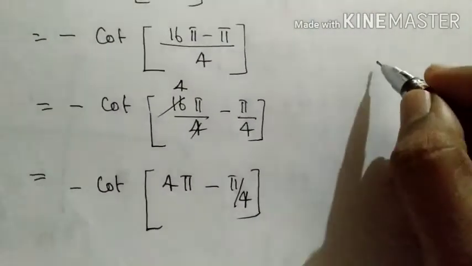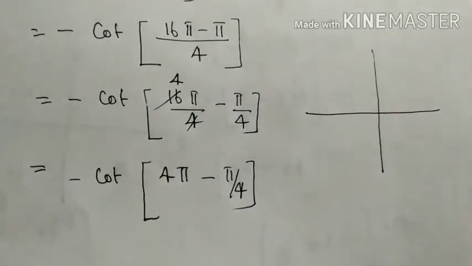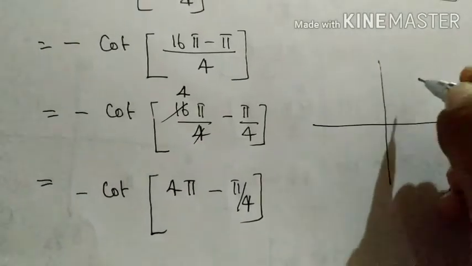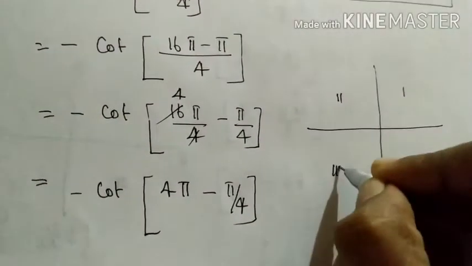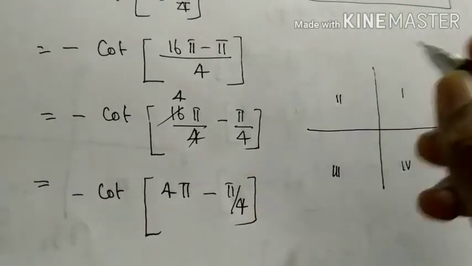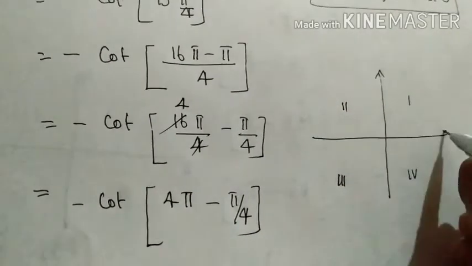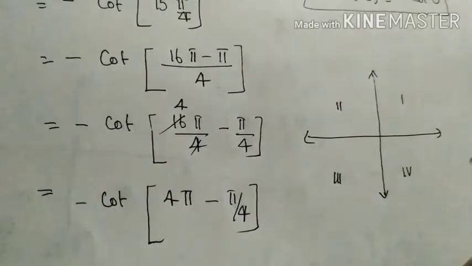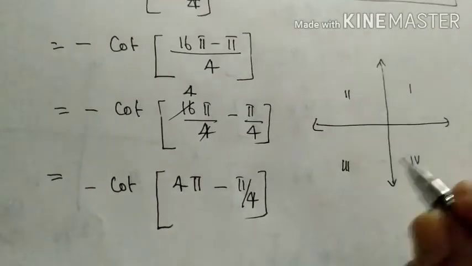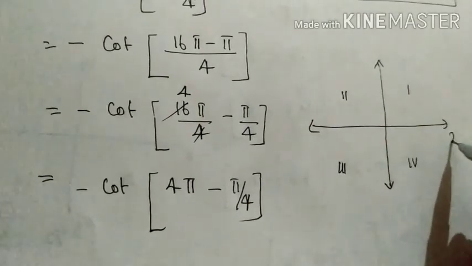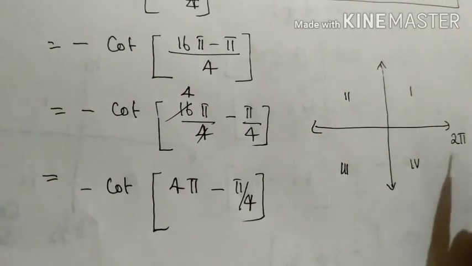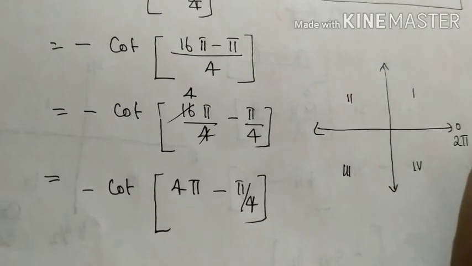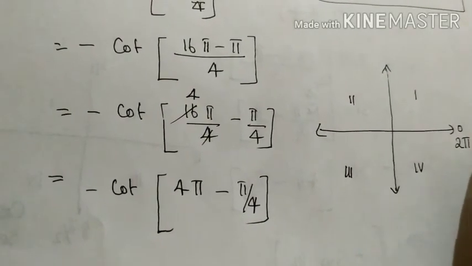Next I am going to draw the four quadrants, and we know that the first, second, third and fourth quadrants are shown here, and 4 pi lies here. Here is 2 pi, 0, 2 pi, and 4 pi is here.